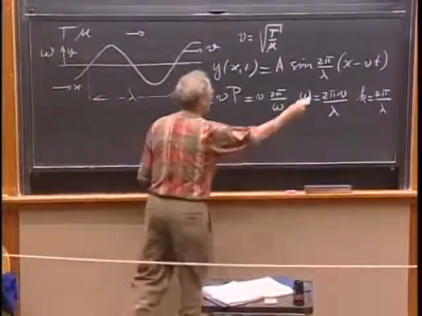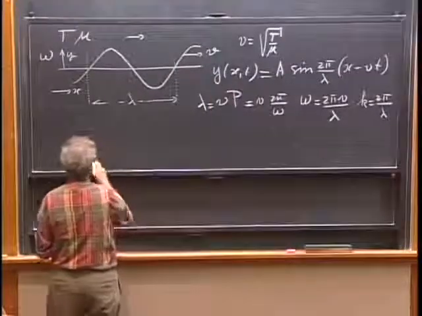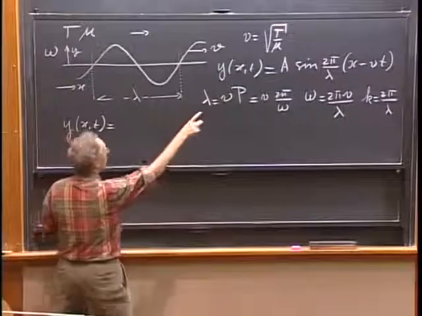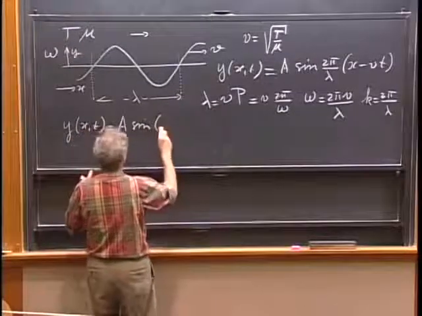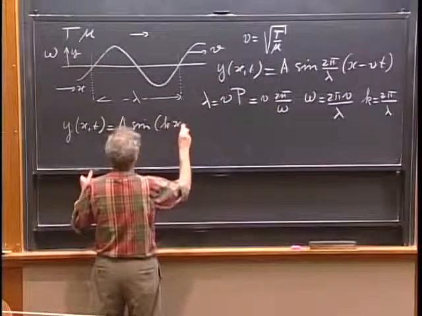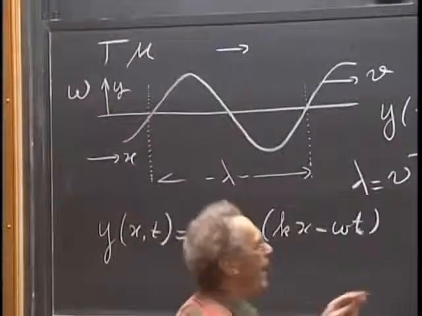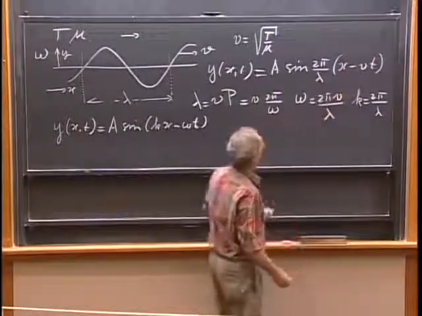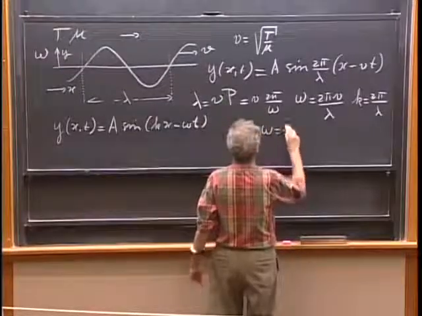If I use that new k, then I can rewrite this in a form that you see very often, but there's nothing wrong with the other form. That would now be A times the sine of (kx minus omega t). Notice the 2 pi over lambda becomes k, so that is kx, but omega is always k times v.